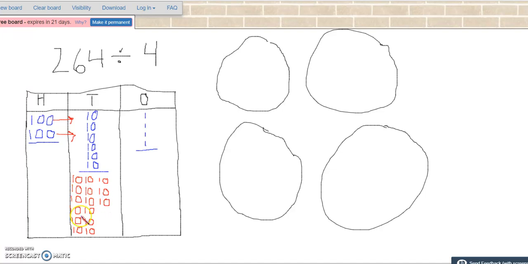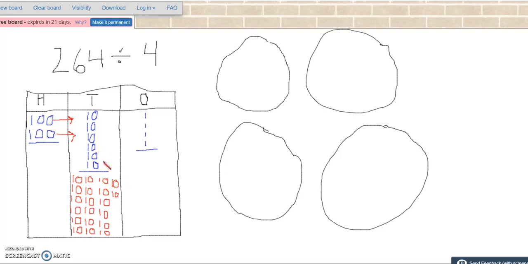No, it has not. 20 tens is the same thing as having 2 100s. They're the same amount. All I did is cash it in to make it something that I can divide up into my groups.